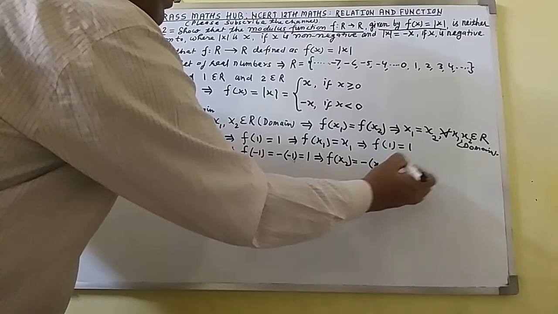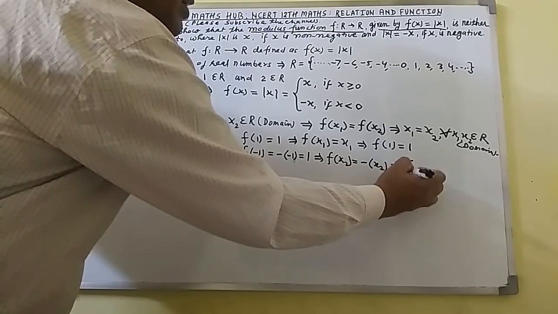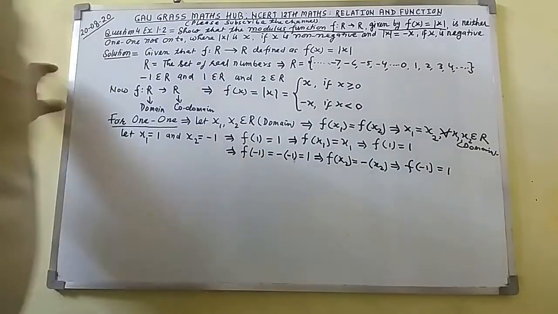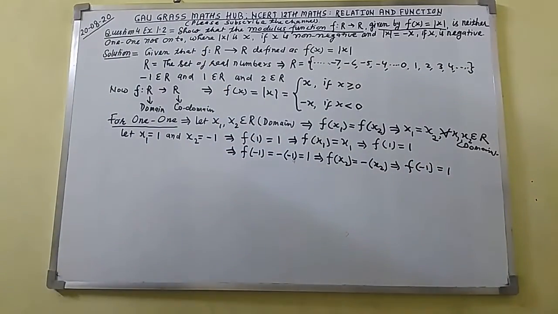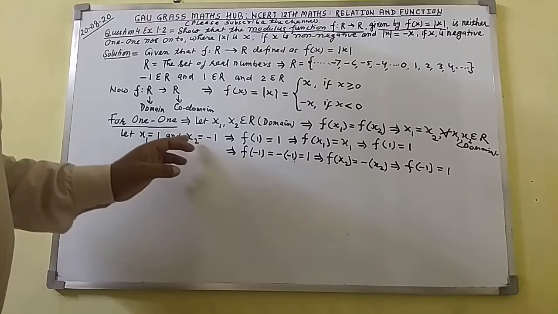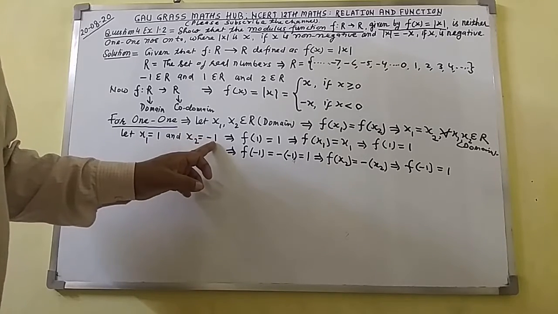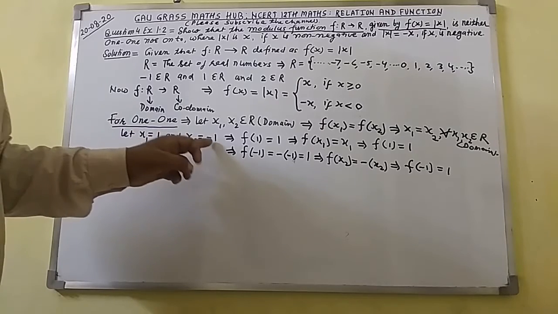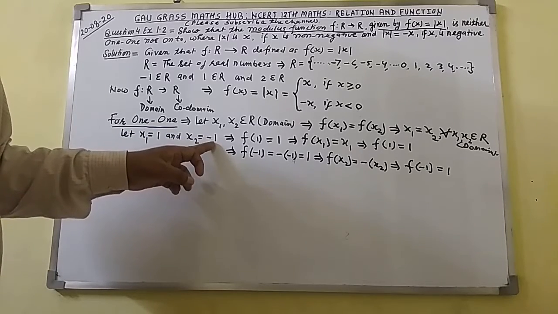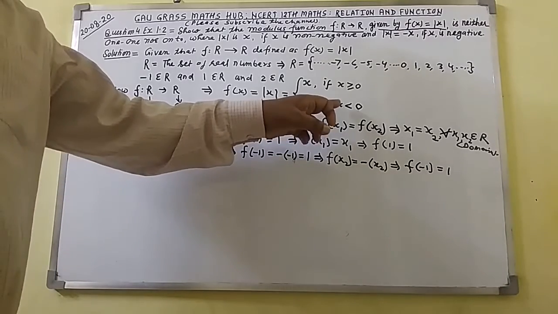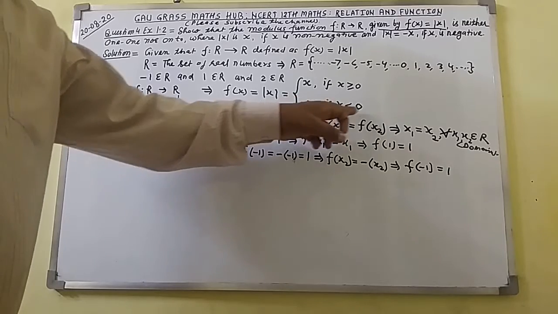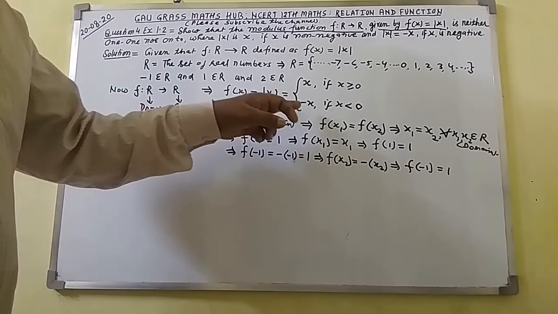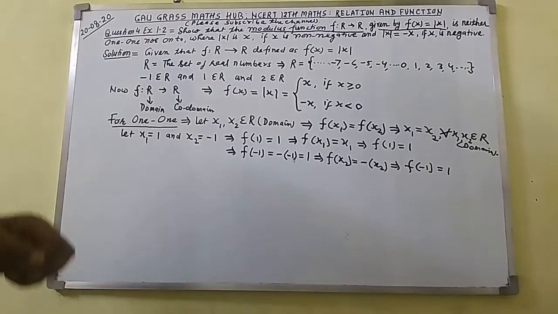This will become image of -1 equal to 1. Since x2 equal to -1 falls in the statement x less than 0, then f of x will be -x.